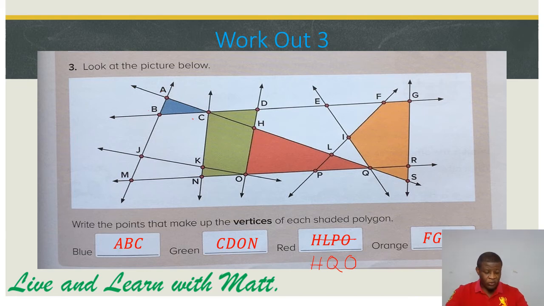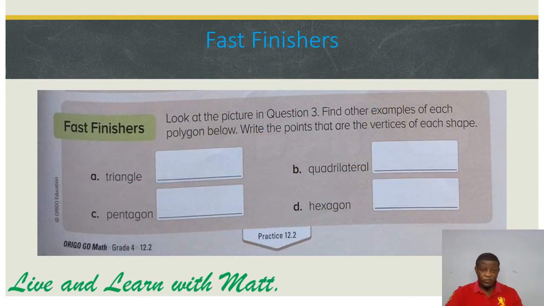Now let's go on to the fast finishers. Look at the picture in question 3. Find other examples of each polygon below. Write the points that are the vertices of each shape.